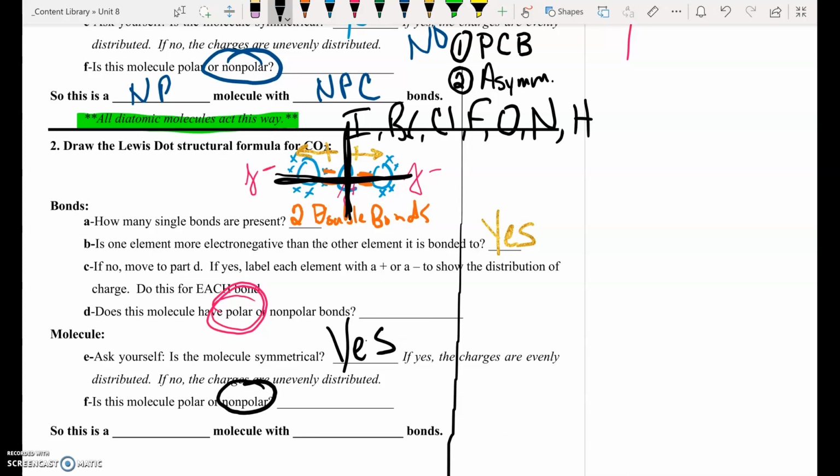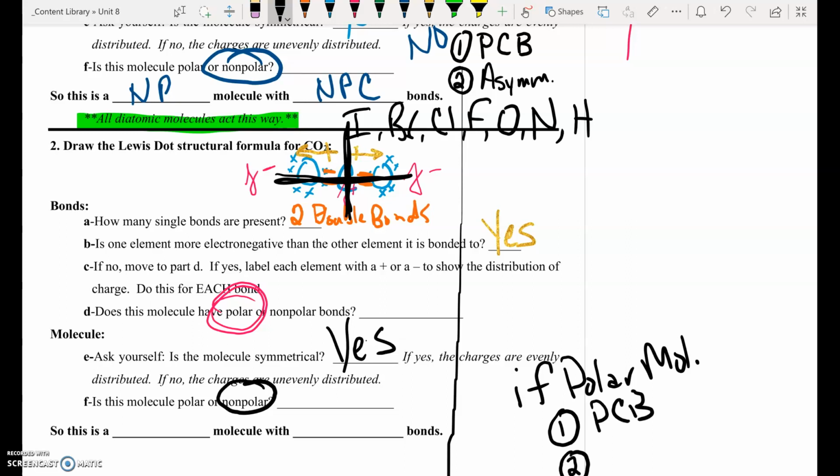Why? Because if it's a polar molecule, you have to have 2 criteria. 1, a polar covalent bond, and then 2, it needs to be asymmetrical. So look at the rules that we just listed here. It says here, what type of bond is present? Polar.